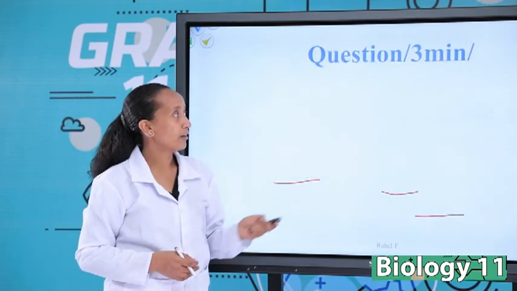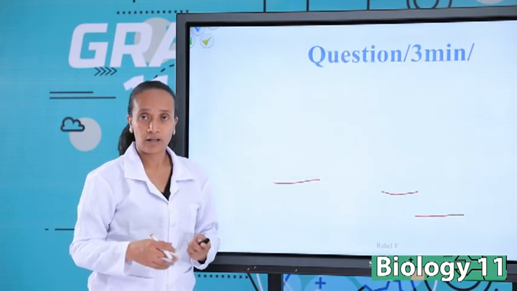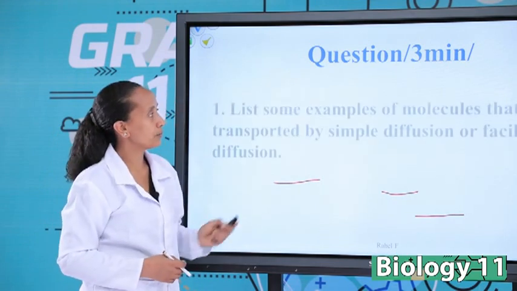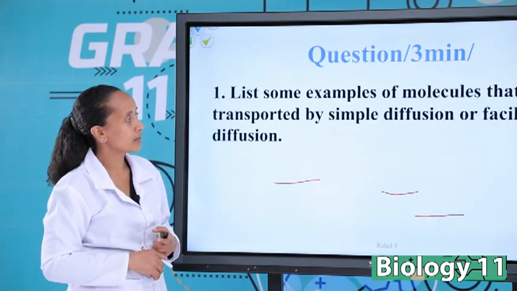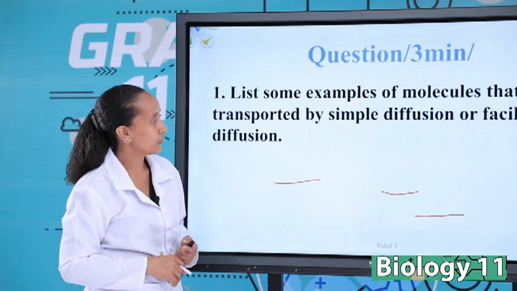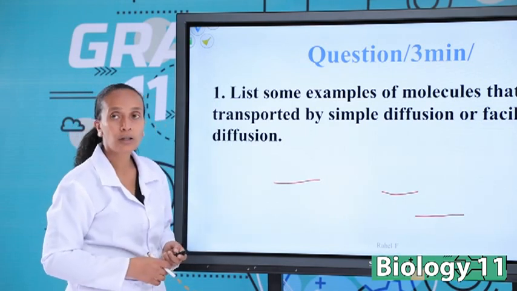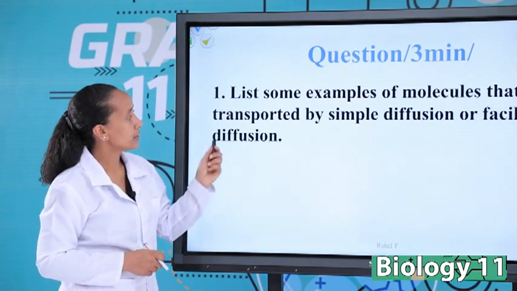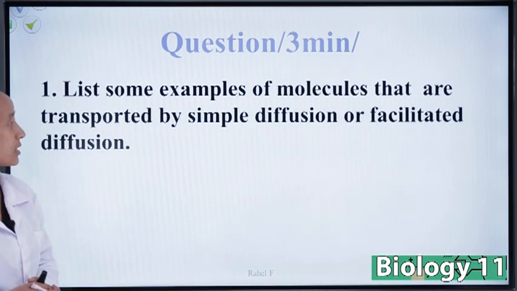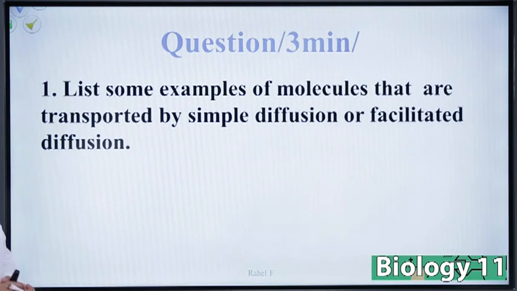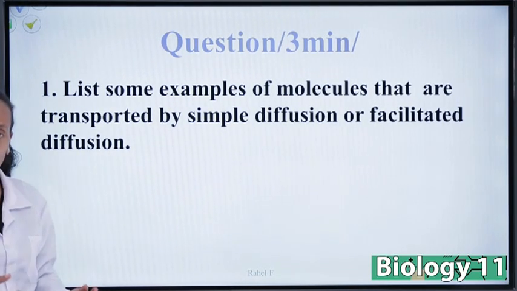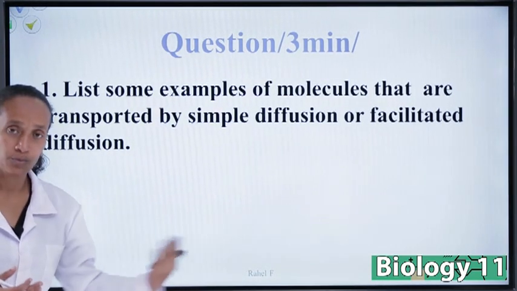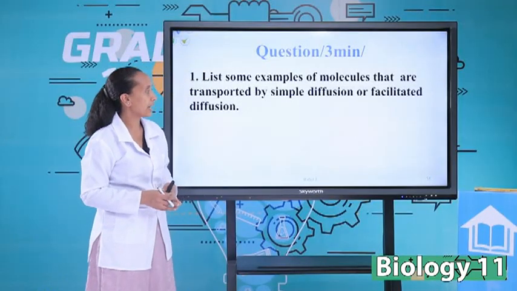Okay, now I have questions that can be answered based on osmosis and simple diffusion or passive process. List some examples of molecules that are transported by simple diffusion or facilitated diffusion. This is the lesson in our previous class.